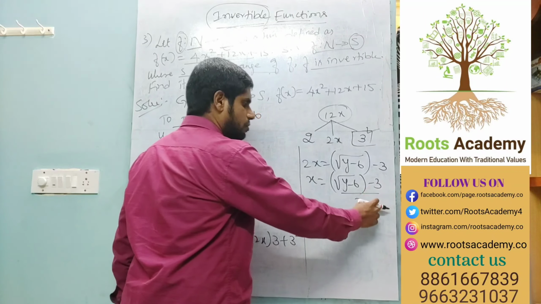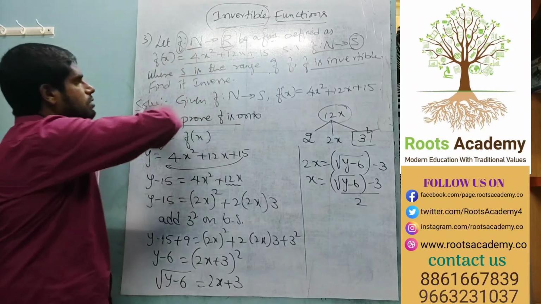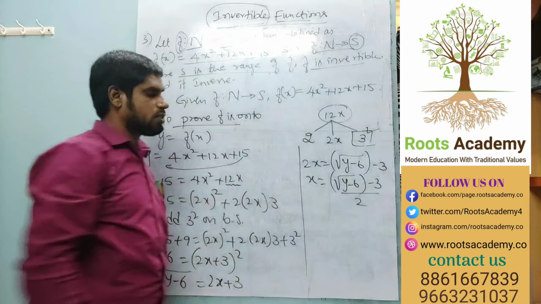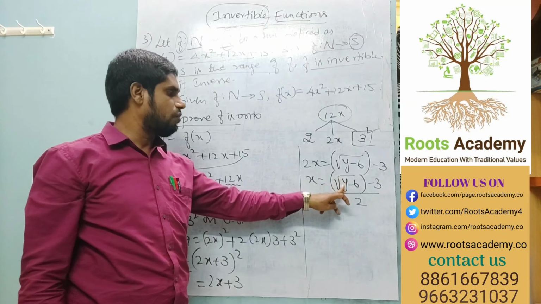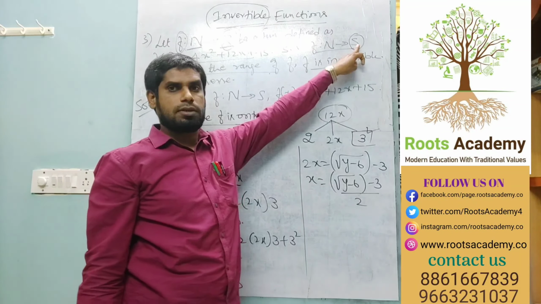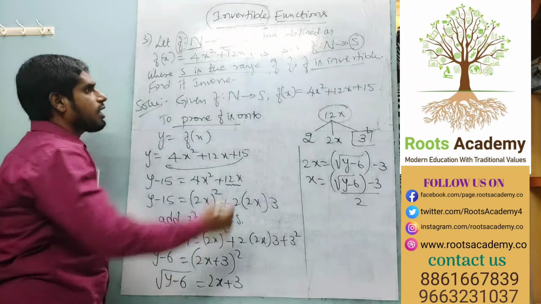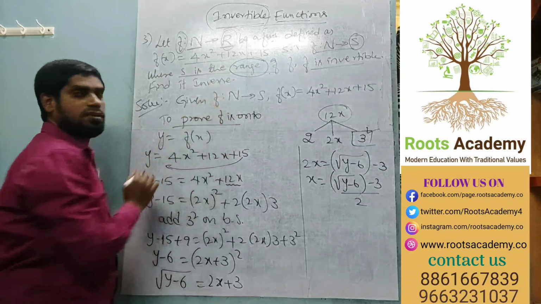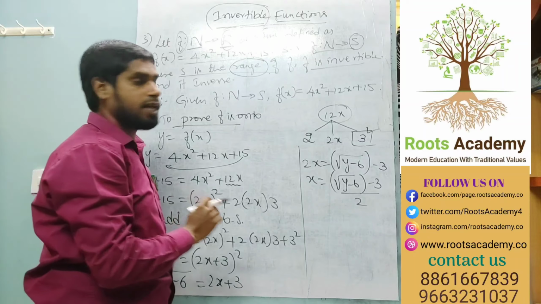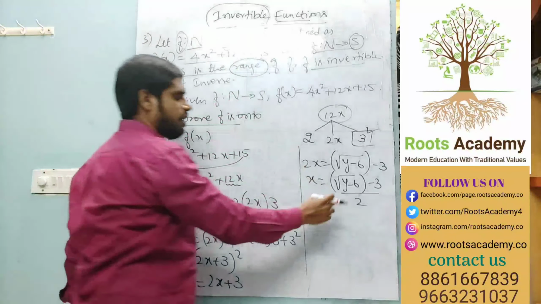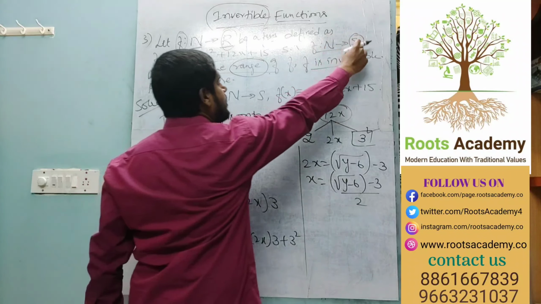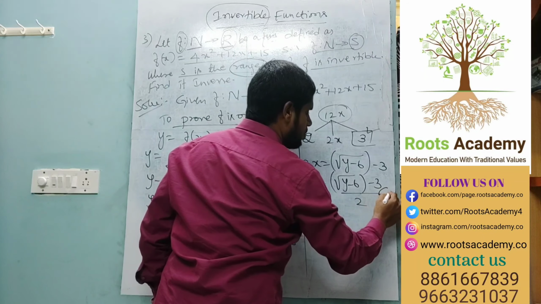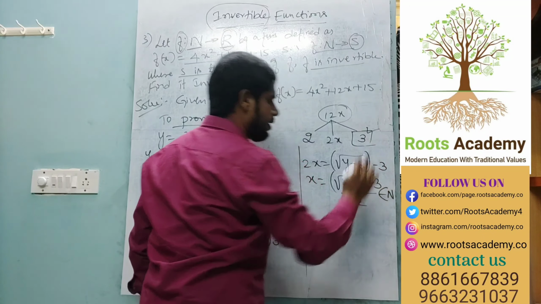Does this value belong to the natural numbers? Is this the value of x for every value of y from our S? Does it belong? Yes, because it is clearly mentioned that S is our range. It is declared here. So for every value of y from this S, it always belongs to capital N, natural numbers.